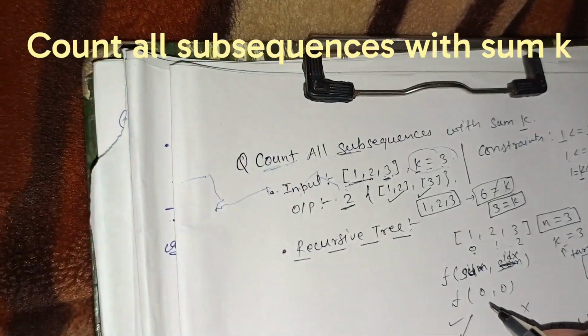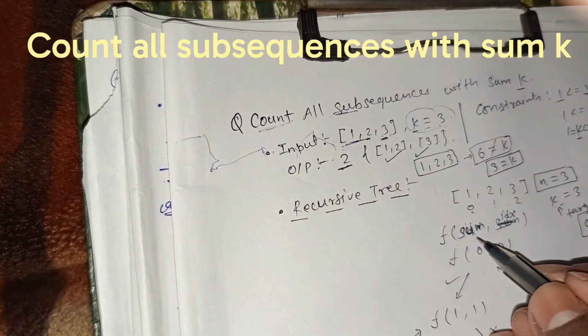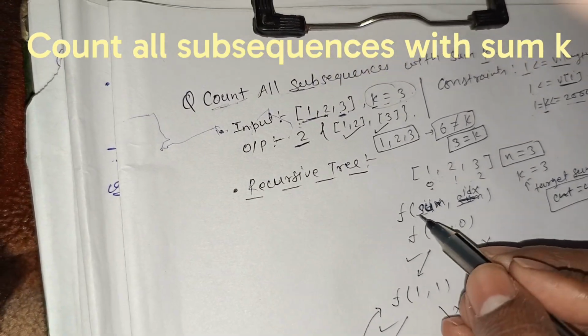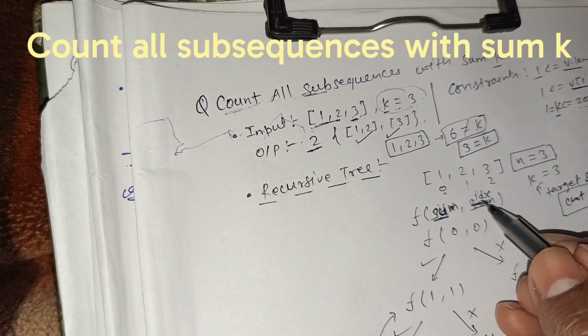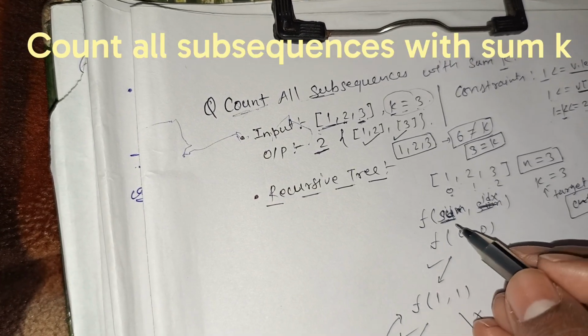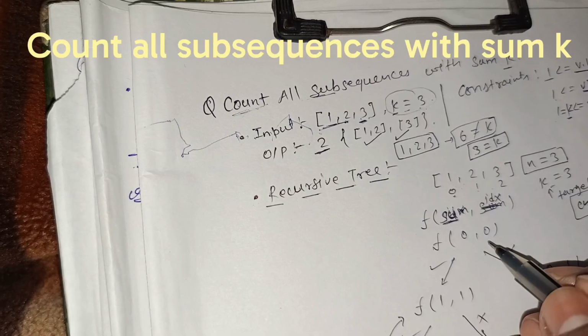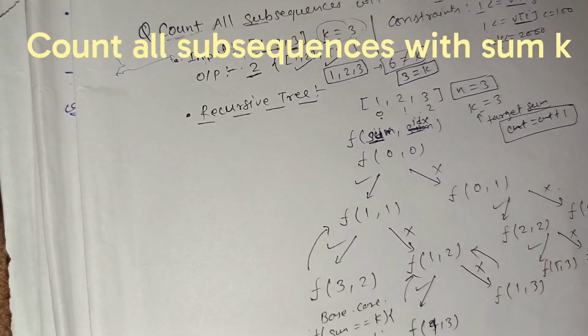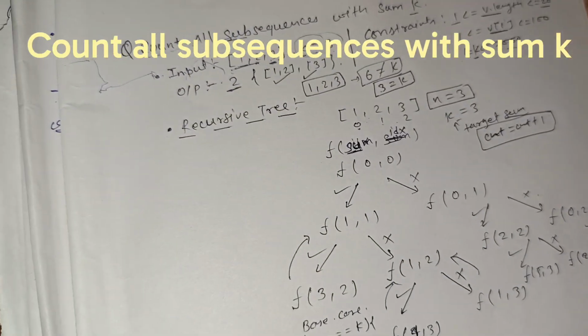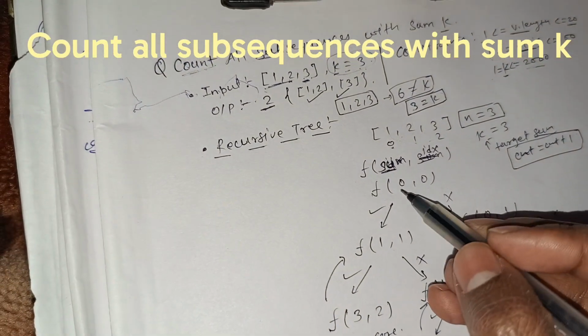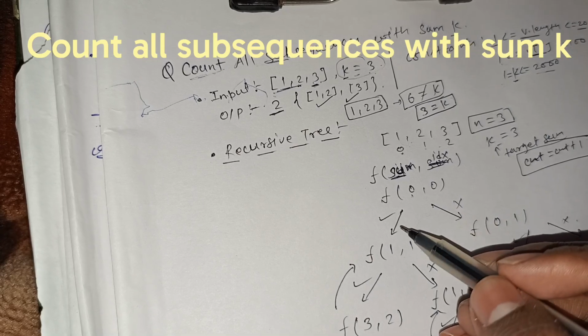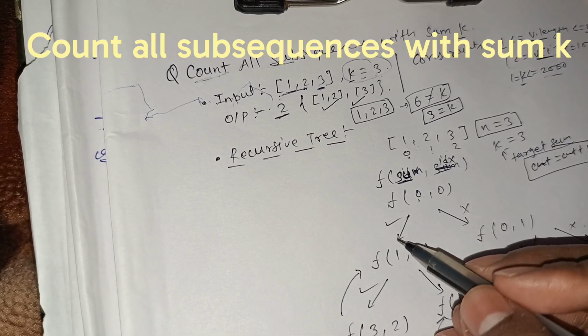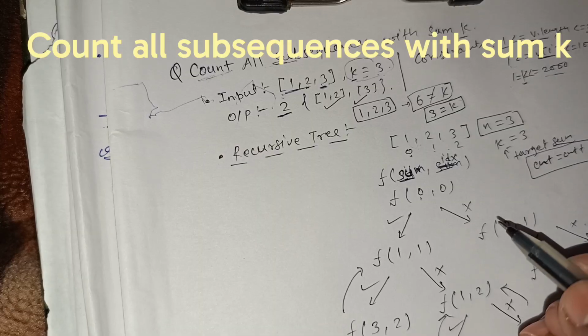Now take an initial sum variable and index variable idx. Initially these are initialized with 0 0. Here, simple, there are two ways to choose.